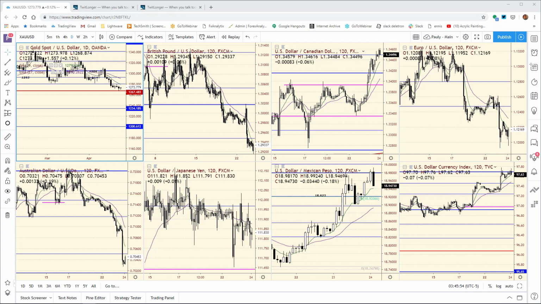And we're still motoring higher here in the Euro New Zealand. Let's take a look where we stand on a fib. Just past the 38% right now, but we've also taken out the prior high.